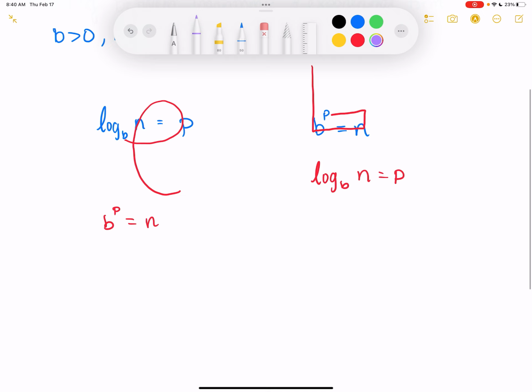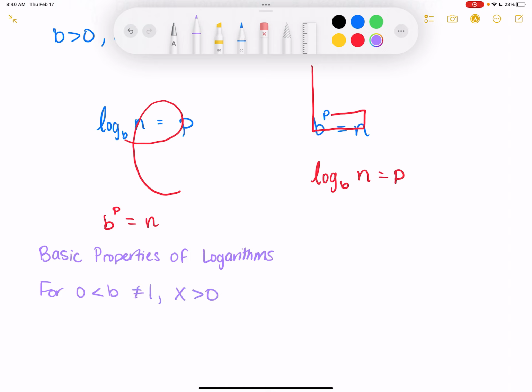All right, basic properties of logarithms. For 0 less than b, b not equal to 1, x greater than 0, and any real number y.